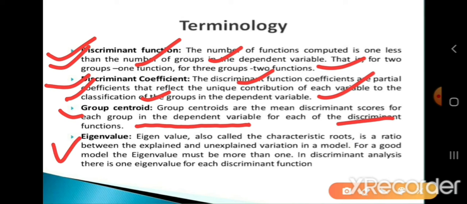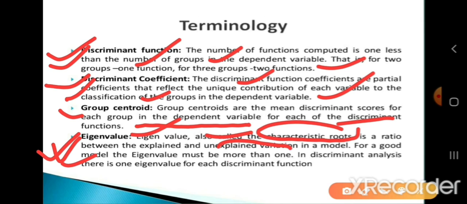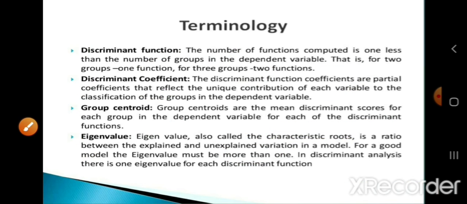Next is eigenvalue. Eigenvalues are also called characteristic roots. It is the ratio of the explained and unexplained variation. For a good model, the eigenvalue must be more than 1, and in discriminant analysis there is one eigenvalue for each discriminant function.